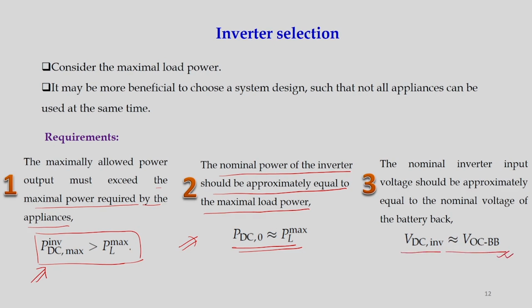It may be more beneficial to choose a system design such that not all the appliances can be used at the same time. While selecting an inverter, we must see these parameters. It has to qualify these parameters, and only then can you select the inverter.